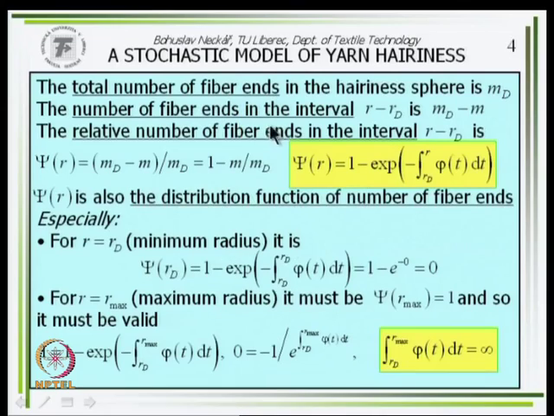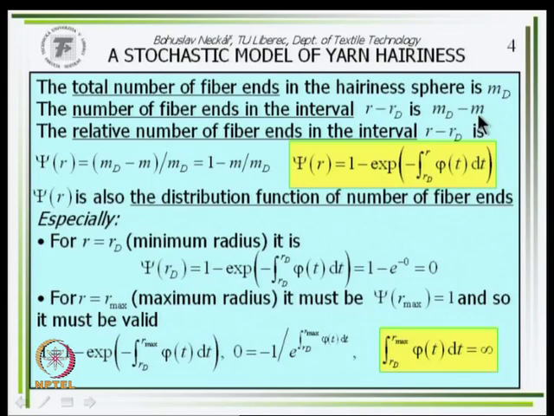How many fiber ends are in the layer from the minimum radius rd to our general radius r? It must be md minus m. md is the maximum value at the radius rd. m is the number of protruding fibers at the radius r. The difference must be the fibers which finished earlier than the general radius r is reached.